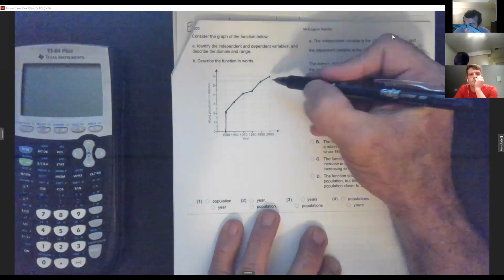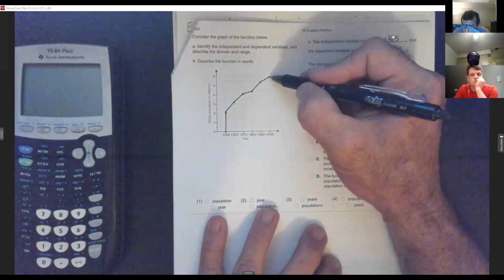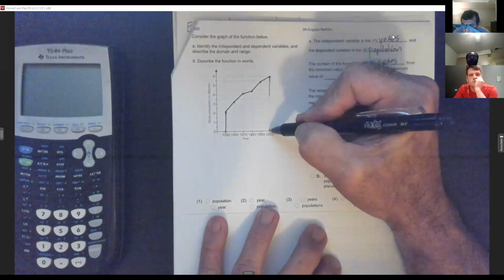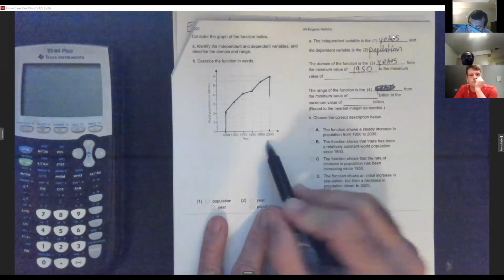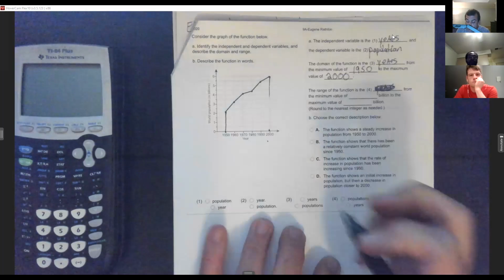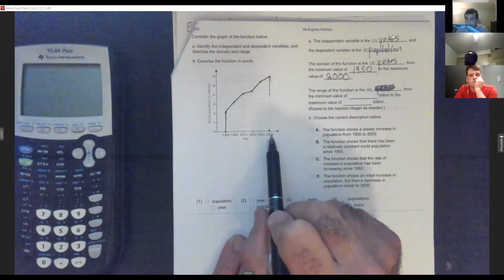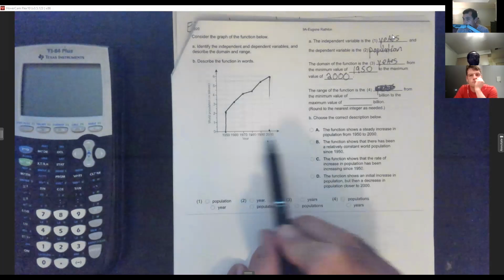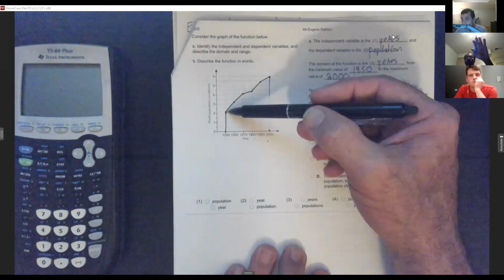So we need to take this last dot and see what that year is corresponding to it. And that looks like 2000. So my domain is going to be from the years 1950 to 2000. Okay? You don't want to start at the 0, and if this went further, you wouldn't want to go there. You're just looking for what parts does your graph hit.